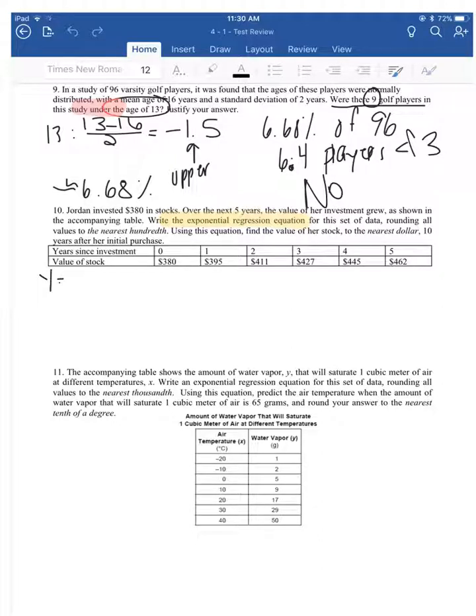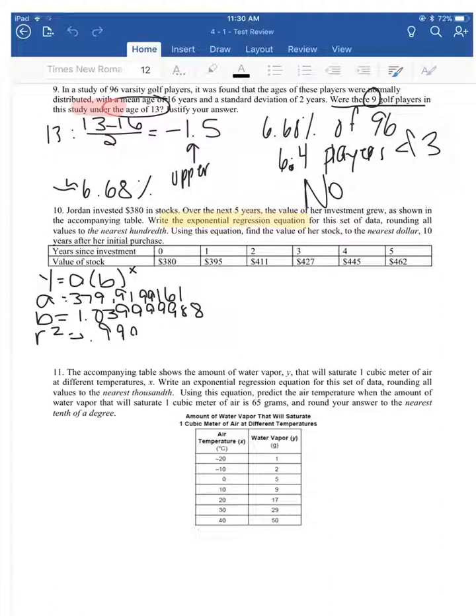So you have y equals this. So this is the work that you need.